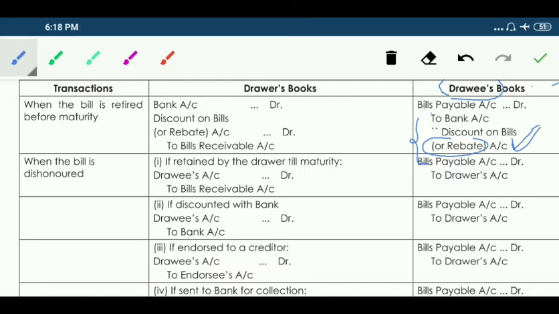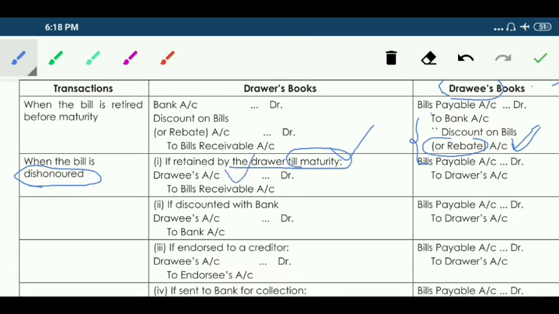Next transaction is when the bill is dishonored. Then in the drawer's books, if the bill is retained by the drawer till maturity, these are the different entries. The first entry is when the bill is retained by the drawer till maturity. So now simply debit the drawer's account.